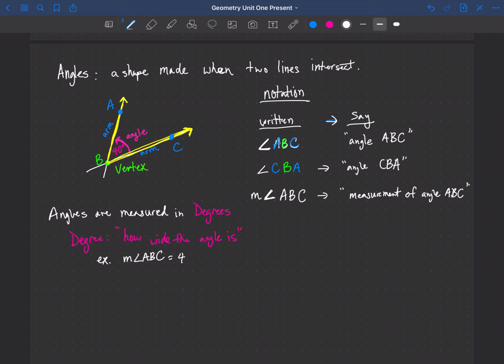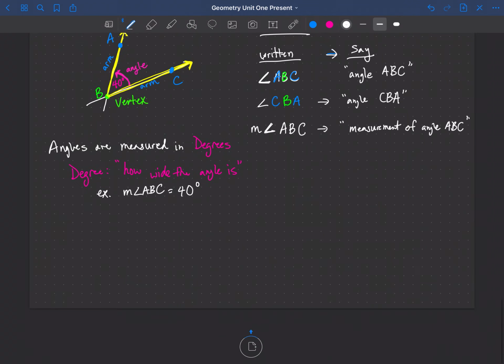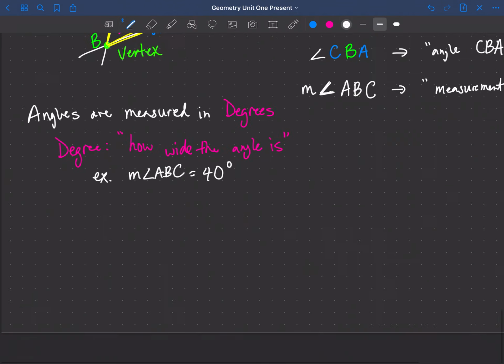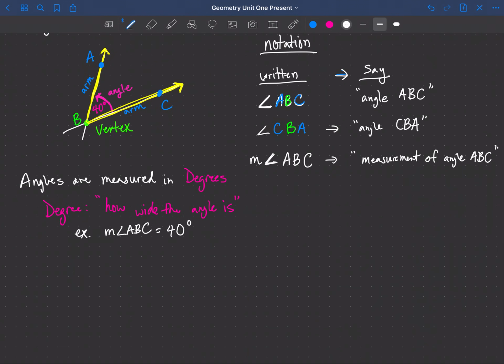So let's say our angle, for example, here was 40 degrees. An example of how I would write that would be measurement of angle ABC equals 40 degrees.